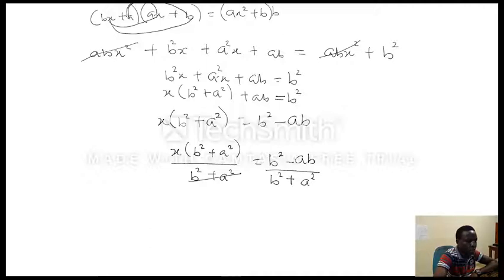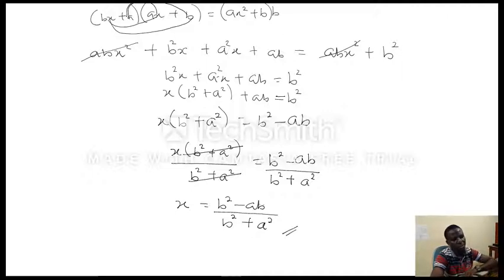So that b squared plus a squared will cancel out, and we'll have x is equal to b squared minus ab over b squared plus a squared. Please, on no account must you divide b, cancel out this b squared. It is not mathematical.